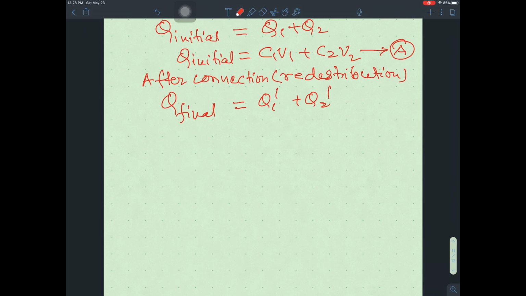They have acquired a common potential V, so it is C1 V plus C2 V, which is equal to C1 plus C2 times V. What is V? V is basically the common potential.